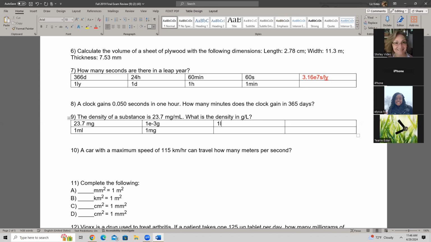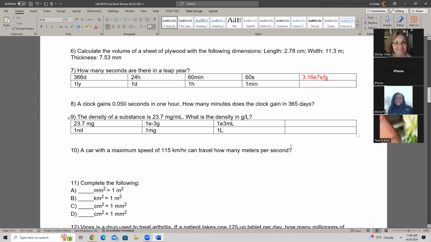So 1 e to the 3, sorry, did I say 3? No, we are moving from milliliters to liters. So we need milliliters on top, and that is for 1 liter.